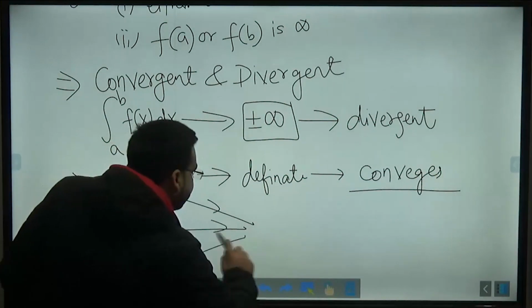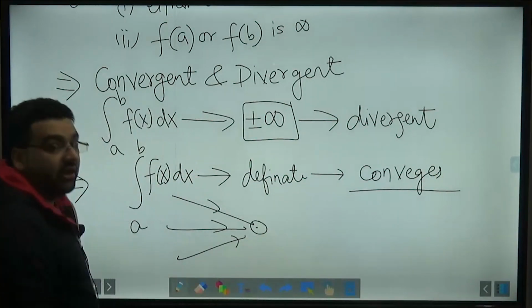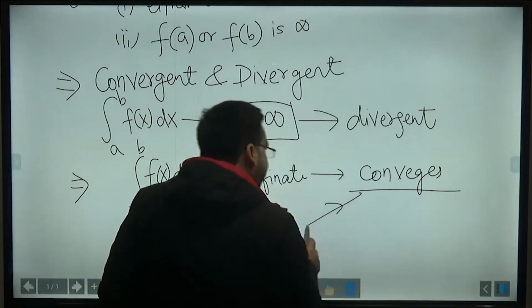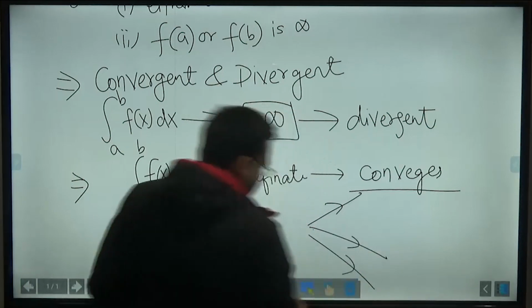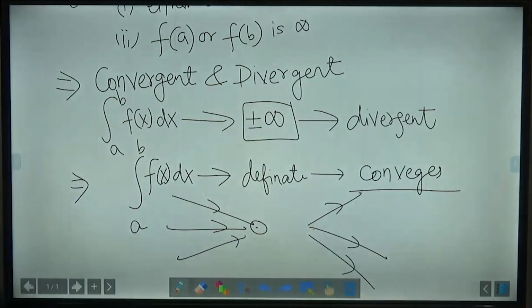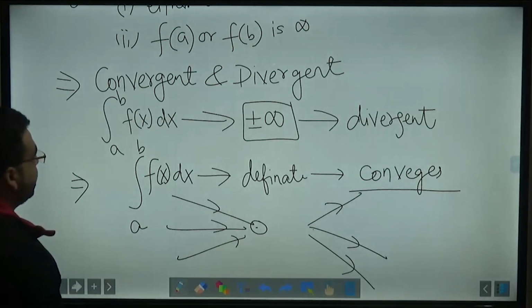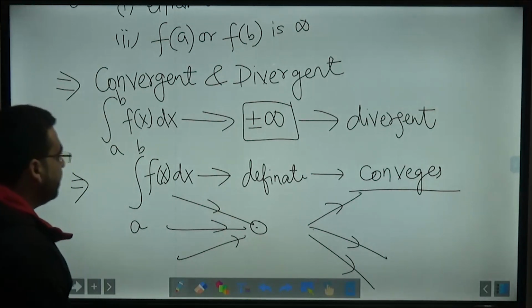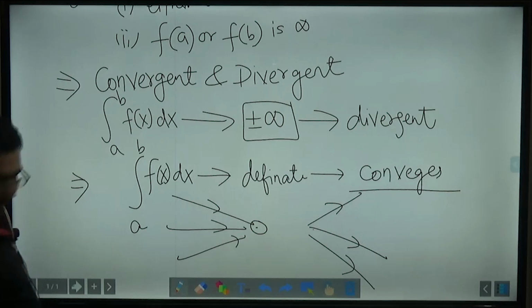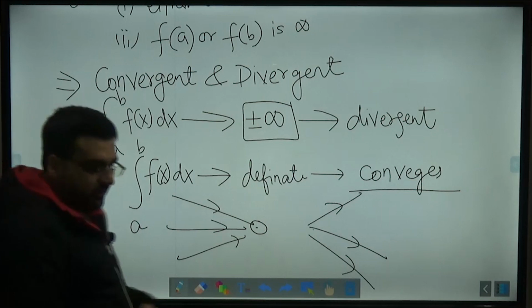Converging means that you are getting some exact point. Divergent means you are getting away from the root. You are not getting an exact root. You are getting some infinite roots. That is the meaning of divergent. Okay?